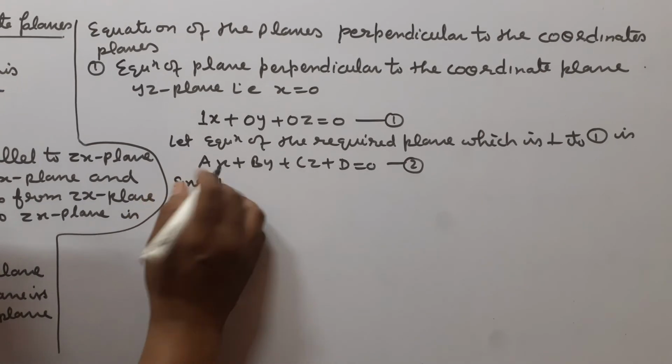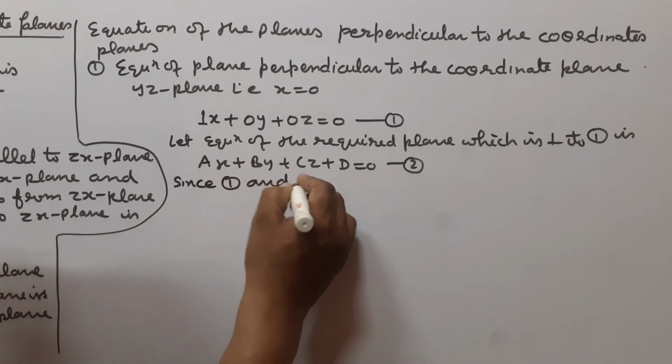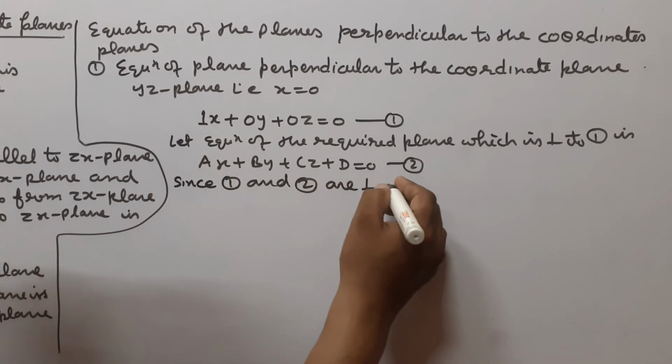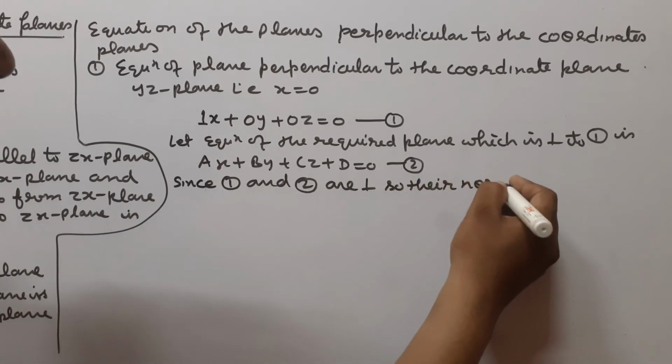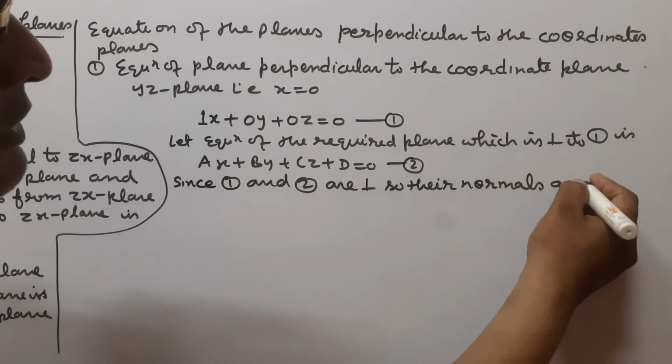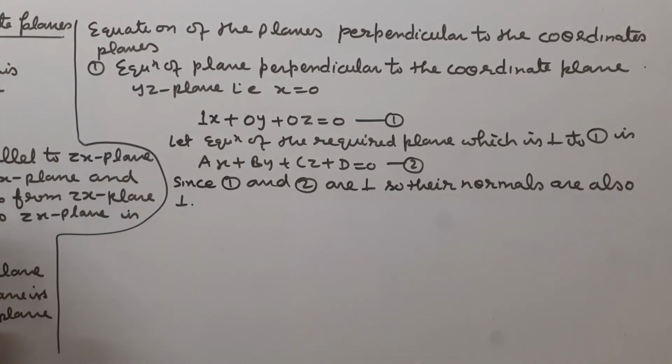Since planes 1 and 2 are perpendicular, their normals are also perpendicular, so the sum of the products of the direction ratios of the normals is equal to 0.